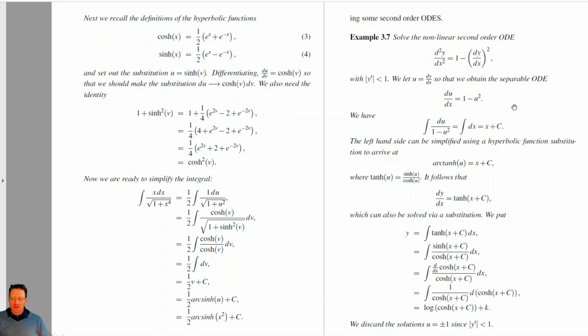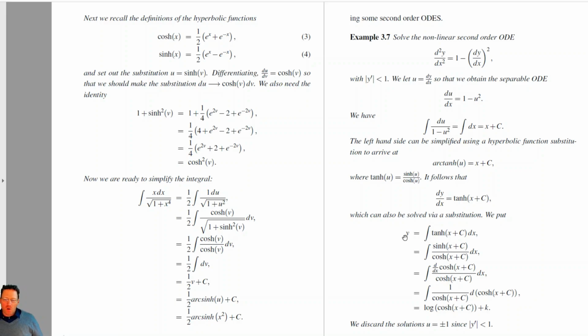Tanh of u is sinh of u over cosh of u. Okay, so we want to differentiate and find out how we're going to make our replacement here. Okay, so the derivative dy on dx is tanh of x plus c.